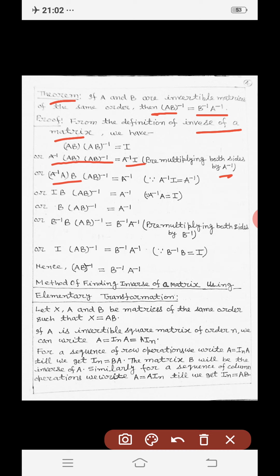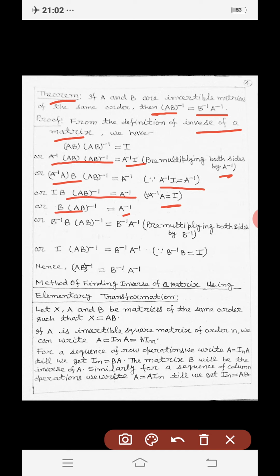Here A inverse A into B, that is the associative law of multiplication of matrices, and A inverse I is equal to A inverse, and this can be written IB into inverse of AB is equal to A inverse, since A inverse A is equal to I, and this can be written B into inverse of AB is equal to A inverse.